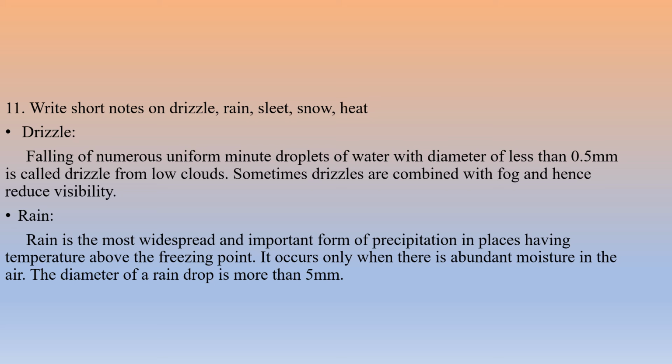Next is rain. Rain is the most widespread and important form of precipitation in places having temperature above the freezing point. It occurs only when there is abundant moisture in the air. The diameter of a raindrop is more than 5 mm.